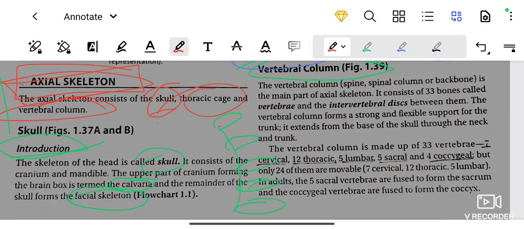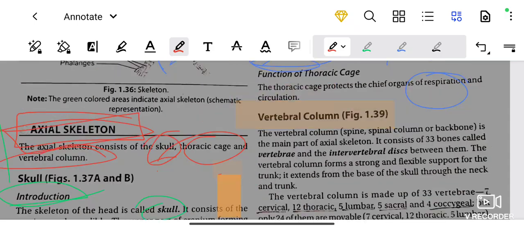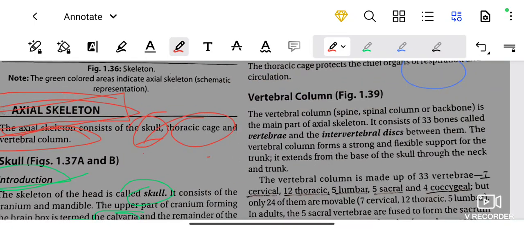The vertebral column forms a strong and flexible support for the trunk, and it extends from the base of the skull through the neck and trunk. I will draw that on the diagram here. See, this is the human body.